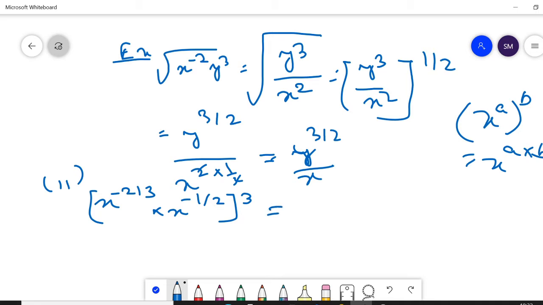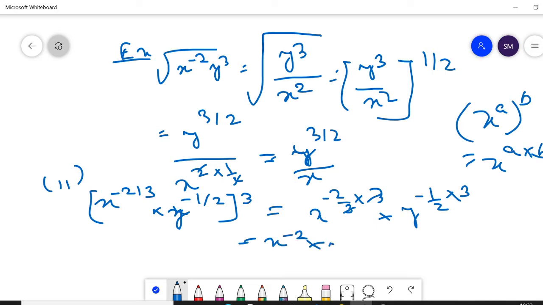Next, this is x to the power minus 2 by 3 into 3, into y to the power minus 1 by 2 into 3. Then what do we get? 3 cancels. This is x to the power minus 2 into y to the power minus 3 by 2.